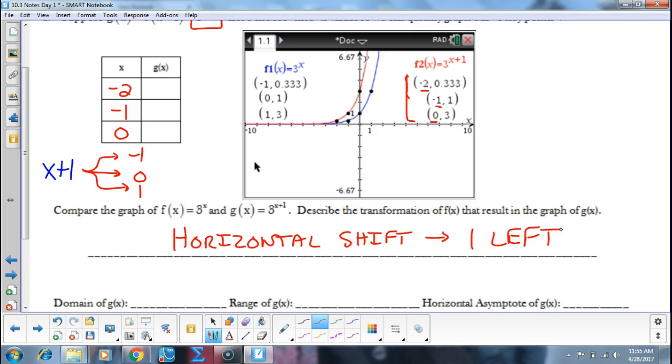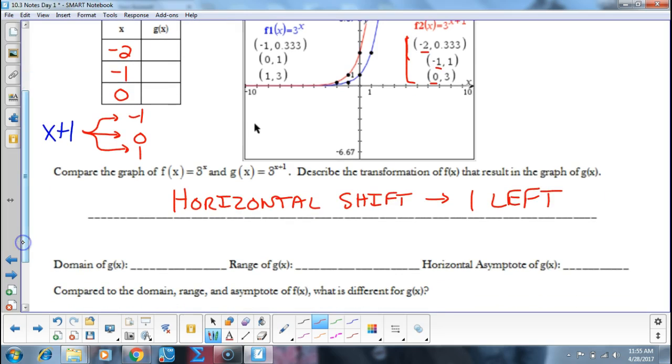What happened to the domain? Well, the domain stayed all real numbers. That didn't change. What happened to the range? It stayed y is greater than 0. That didn't change. What happened to the horizontal asymptote? It stayed y is equal to 0. That didn't change.